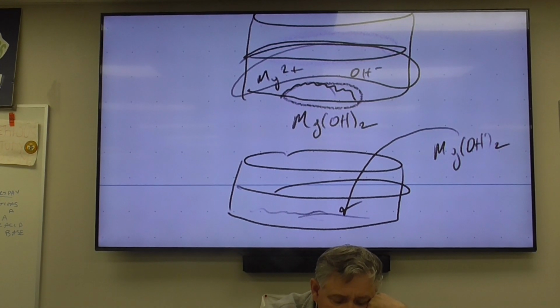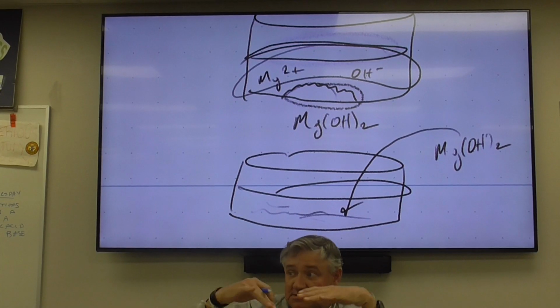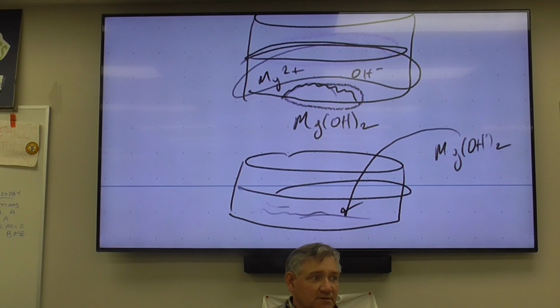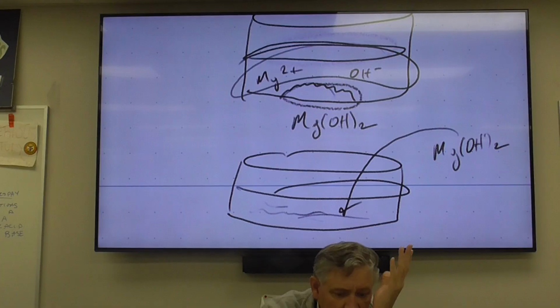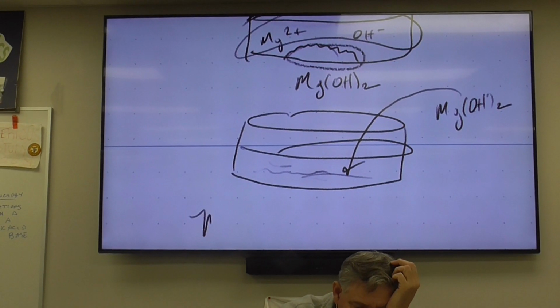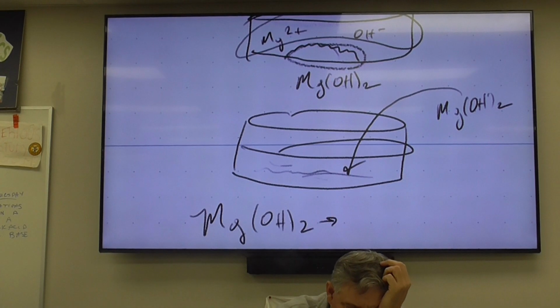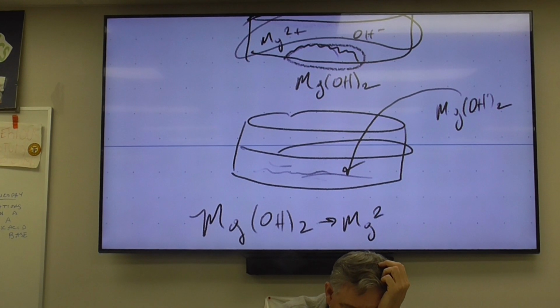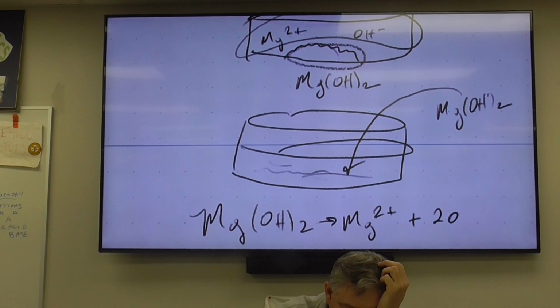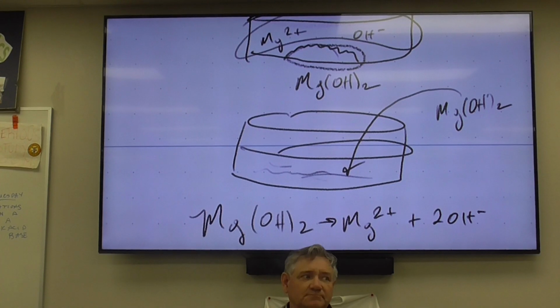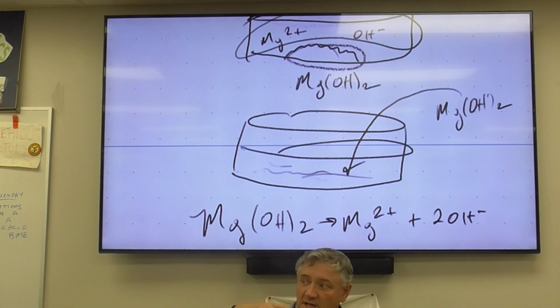And you're going to mix it up, and it's going to dissolve. You won't see precipitate. So, if you look at what's happening, the magnesium hydroxide is trying to dissociate into magnesium ions and 2 hydroxide ions, okay?